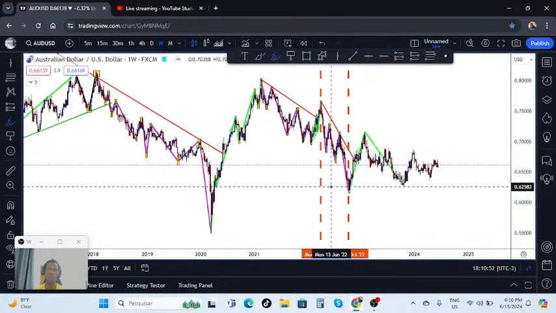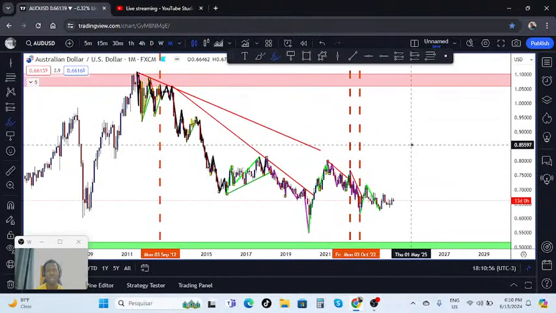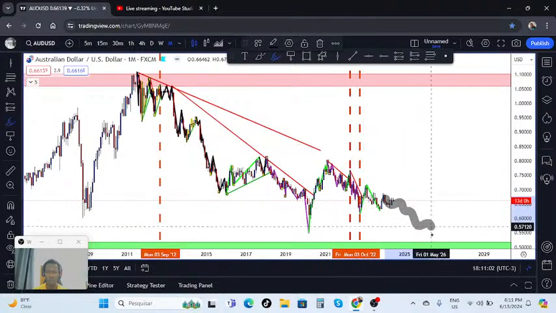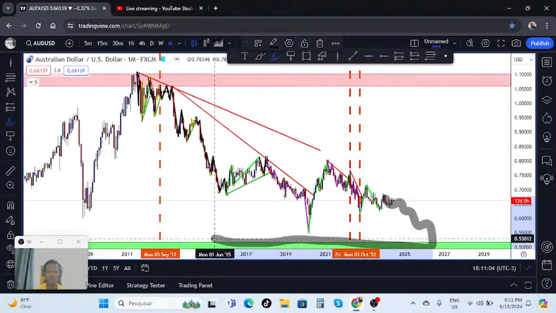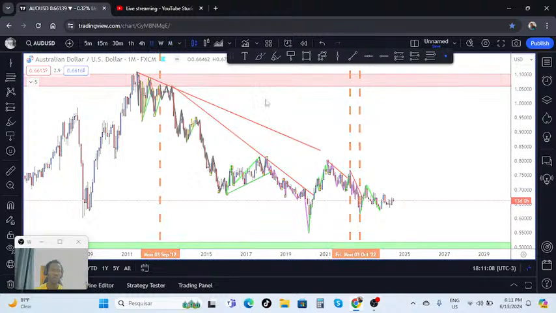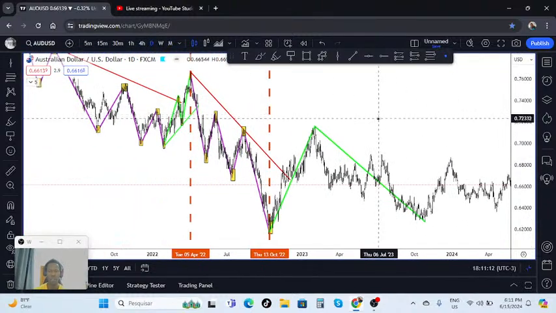That is what is going to happen, because the monthly market structure is stronger than the weekly and the daily market structure combined. So when the market is ready, it is going to drop to the downside to the monthly support band area, and that is what I'm sharing with you guys right now in this video.